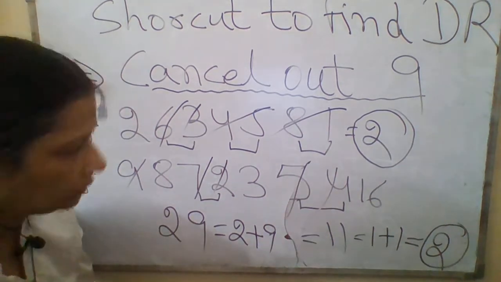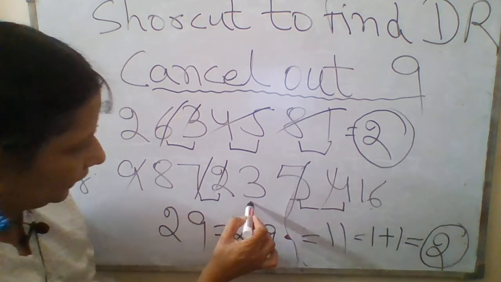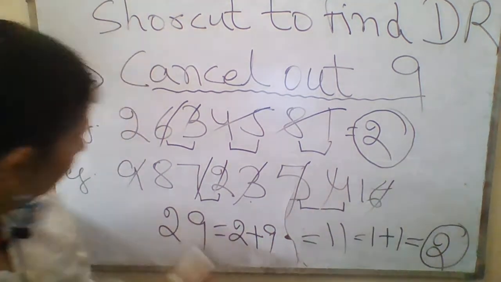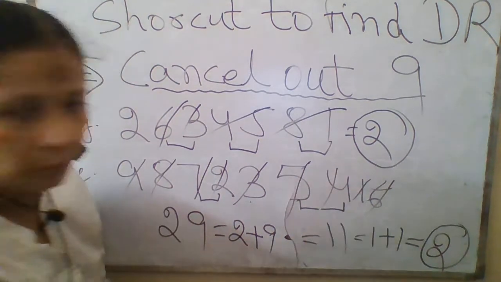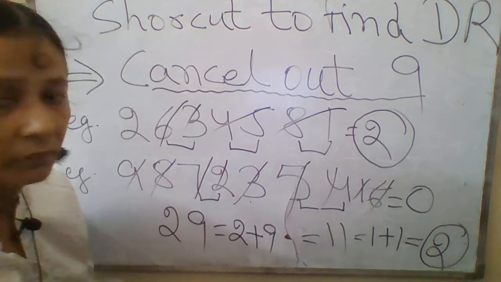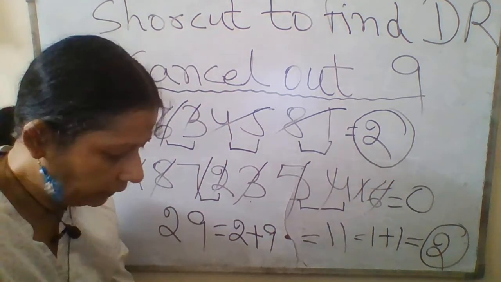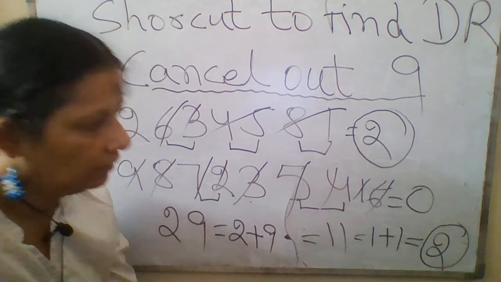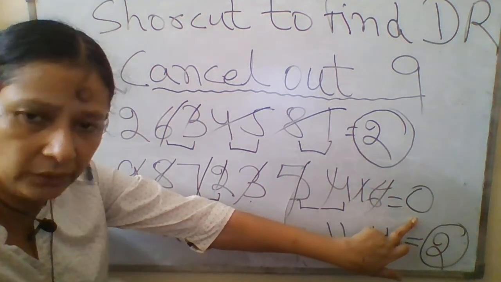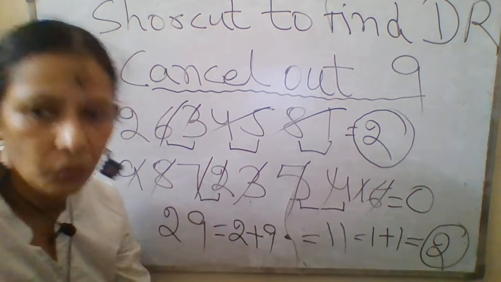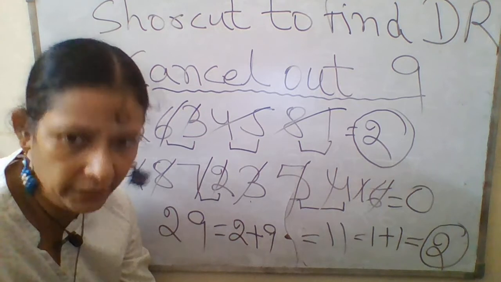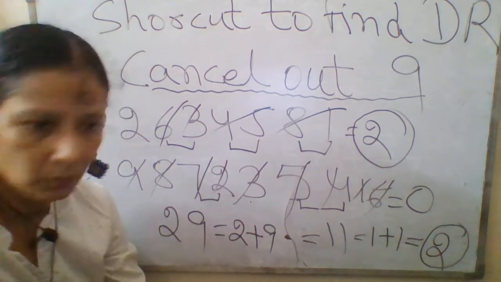Cancel out 9. 6 plus 3 will make 9. Cancel out 9. Now 8 plus 1 will make 9. Cancel out 9. Now this is 0. And if you are doing addition or subtraction and you get 0, it means 0 is equal to 9 while you are doing addition or subtraction. This I will explain to you with some examples.